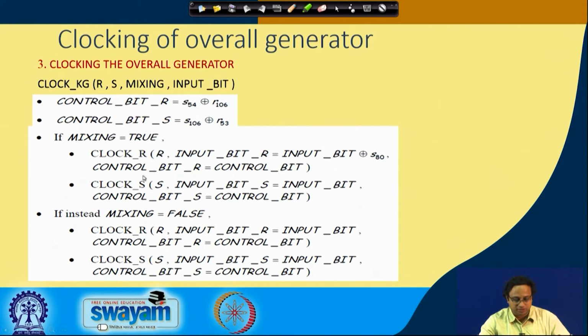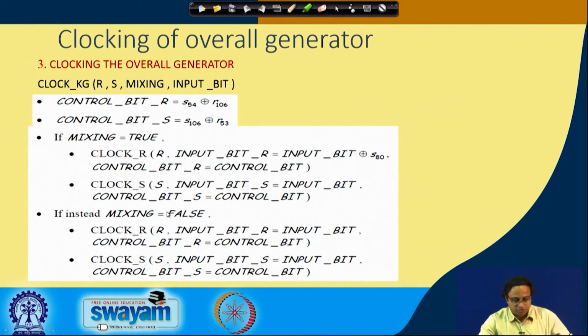On the other hand, clock S, where you are updating state S, is processed independently. You just assign input_bit_S as the input. If you set mixing to false, then register R works independently, so this particular XOR is not present when you are updating clock_R.